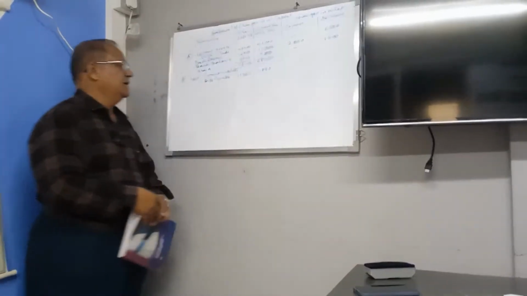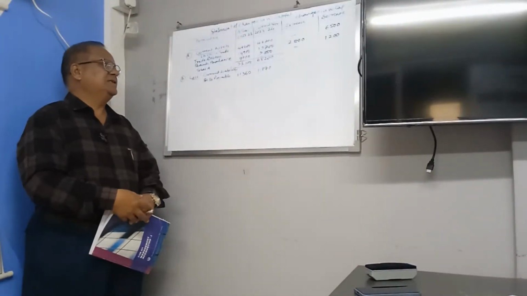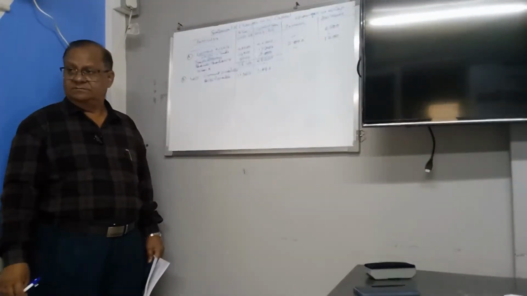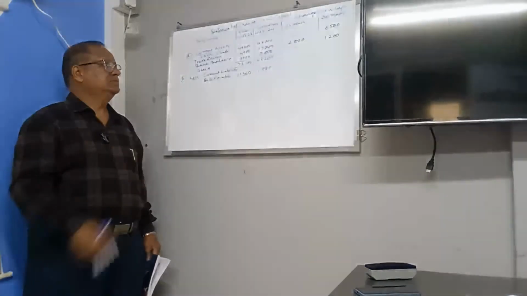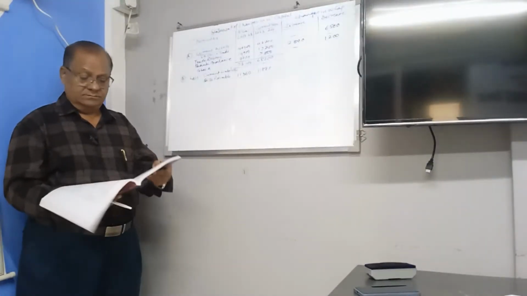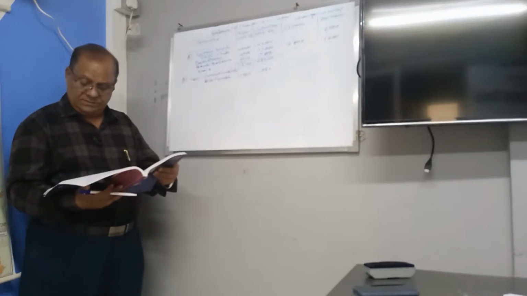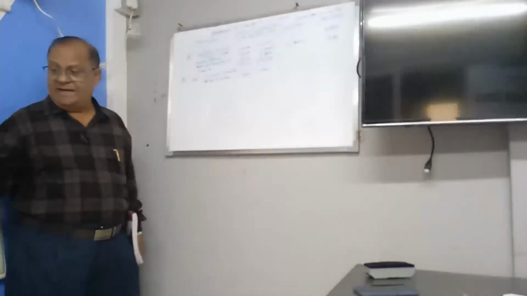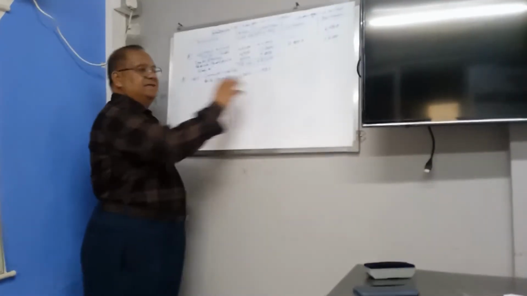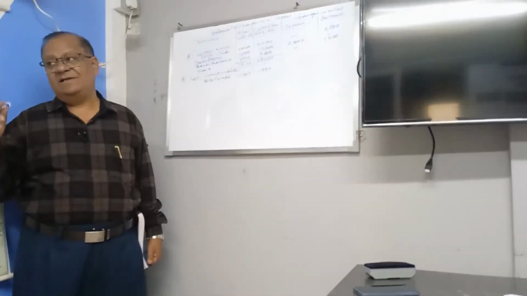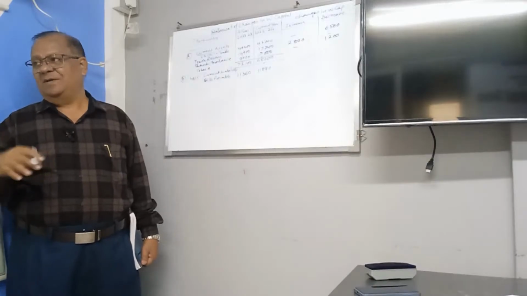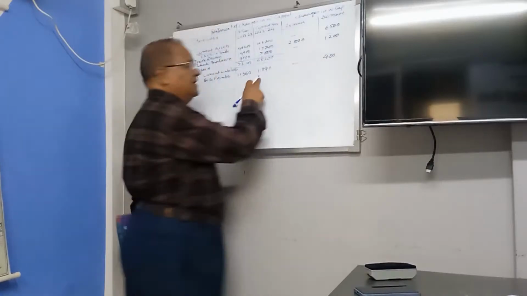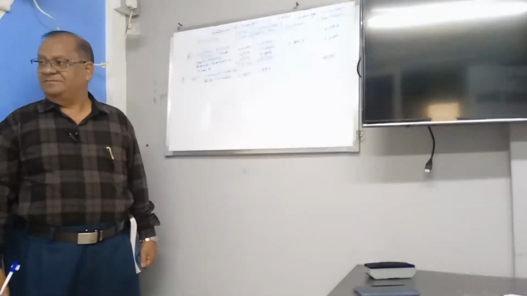Now just see, the difference is 480. Don't write it here. 480 is an increase, but a liability increase means write in the decrease column. Opposite. Actually it is an increase, but write in the decrease column.